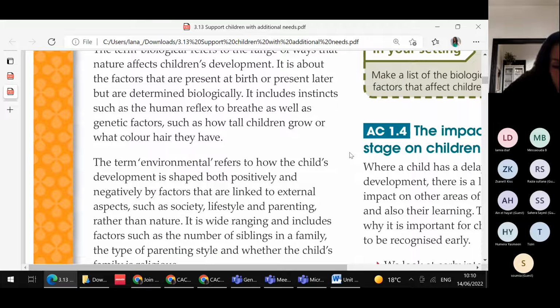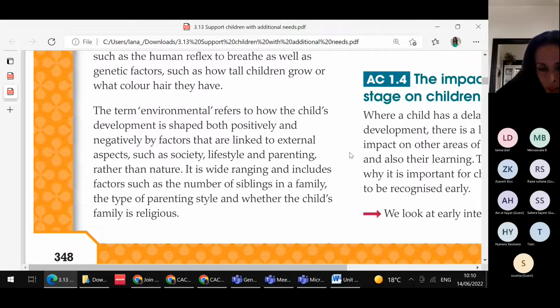Also, we have environmental. The child develops either positively or negatively, depending on many factors around them in the environment: their lifestyle, the parents, how they treat them, the nature. So many things can affect the development of the child.